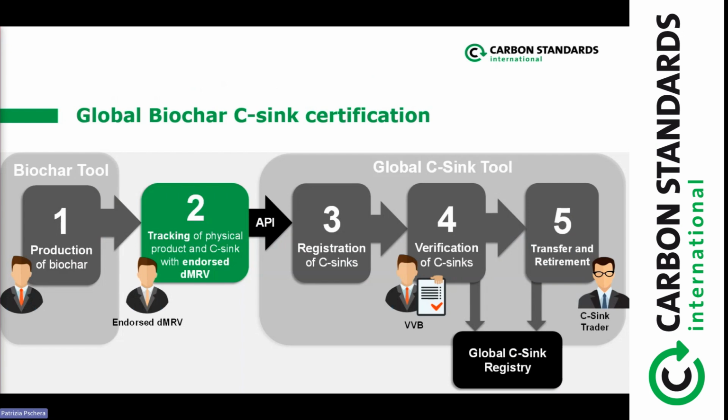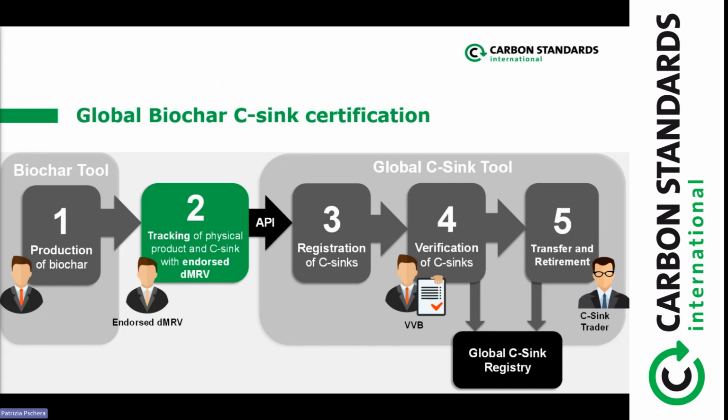So if we look at the Biochar C Sink certification, we start with the production of biochar, and all data that is relevant for the emissions related to the production are documented in the biochar tool.